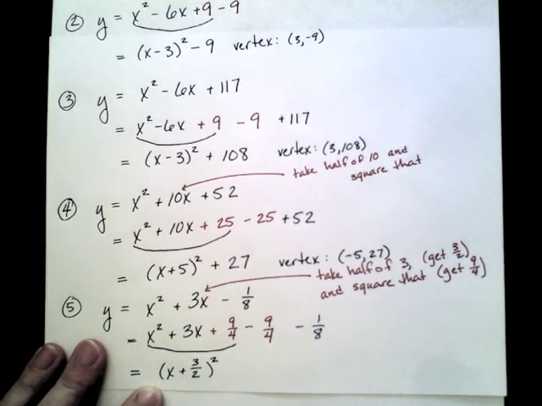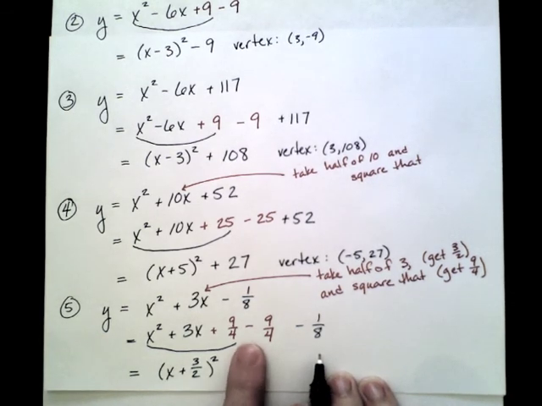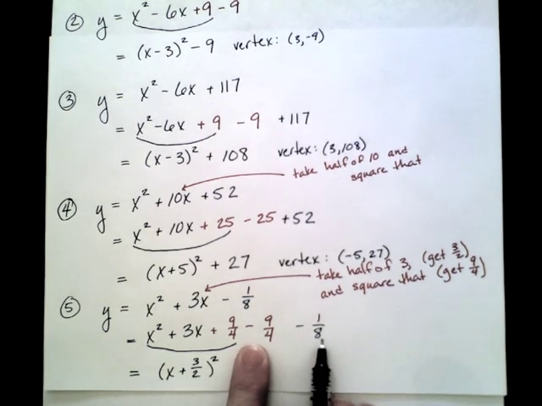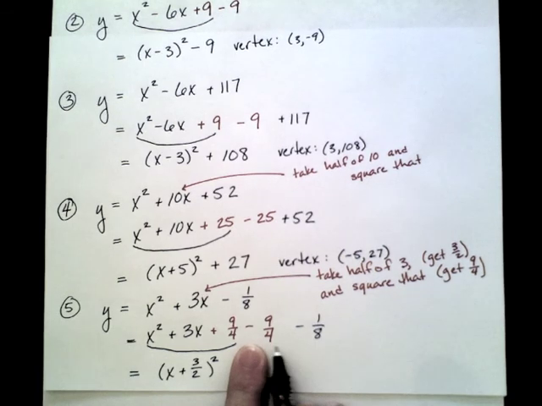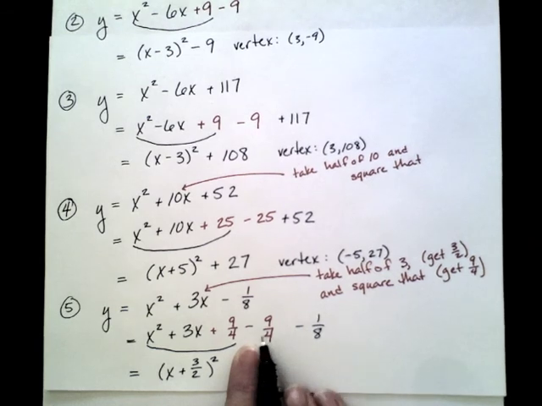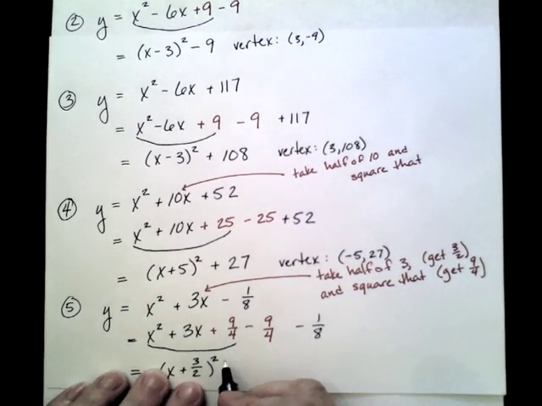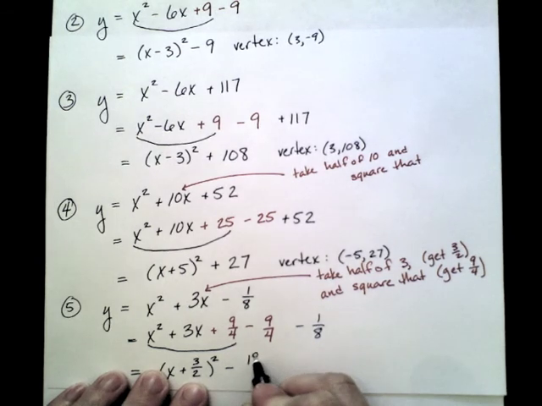And then I just have to combine my like terms. Now I've got fractions, so I would need a common denominator. This is 9/4, negative 9/4, which would be the same as negative 18/8. So negative 18/8 minus 1/8, well, that's negative 19/8.